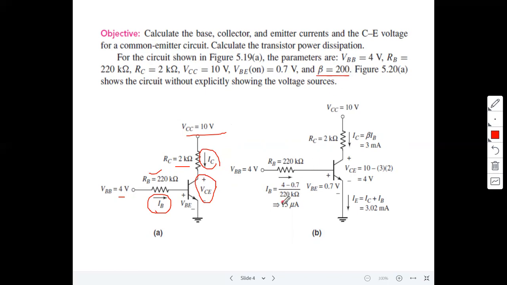Now, by using previous equations, what is IB current? IB is equal to VBB minus VBE on by RB, that is equal to 15 microamperes. Once you know the IB current, what is IC current? IC is equal to beta times IB, that is 200 into 15 microamperes, 3 milliamperes.